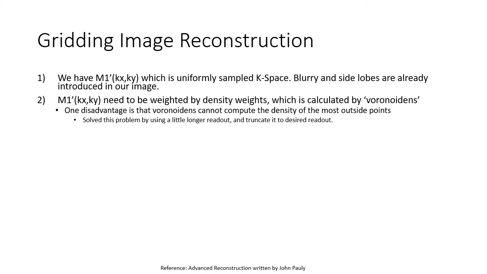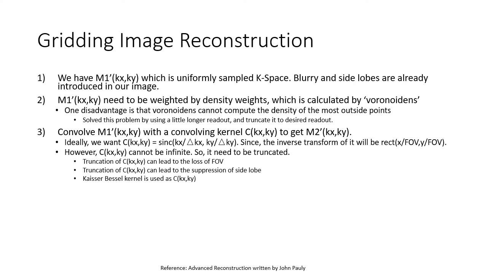Secondly, I use the Voronoi to calculate the density weights and weight the M1 knot, because for spiral, the sampling density is changing from the center to the outer. There is a problem with Voronoi density, which is that it cannot calculate the density weight at the most outer k-space. I solved it by using a longer readout and truncating the data to the desired readout.